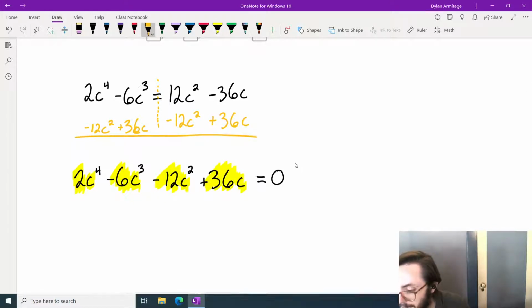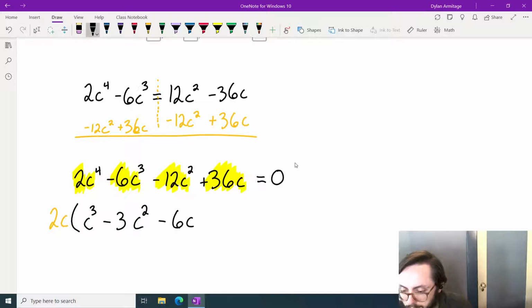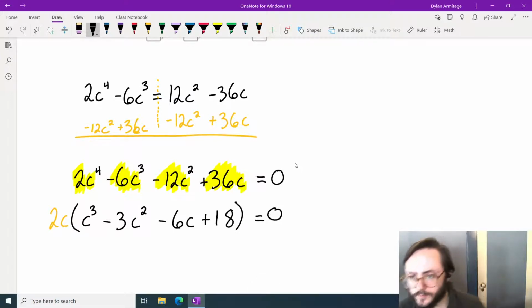So we can take out a 2c. This gives us c to the third minus 3c squared minus 6c plus 18 equals 0. Now I'm just going to clean it up a little bit.